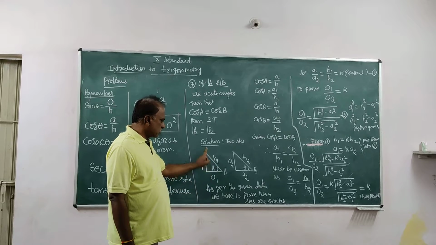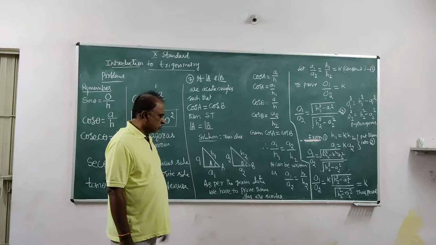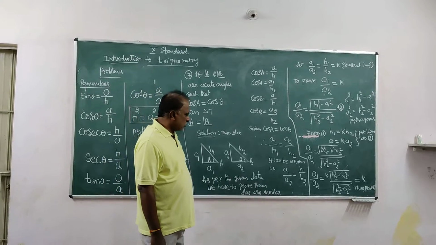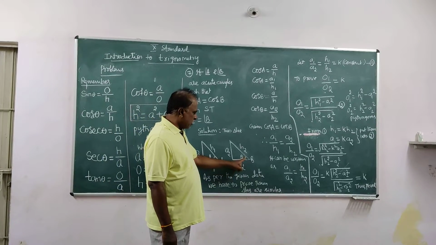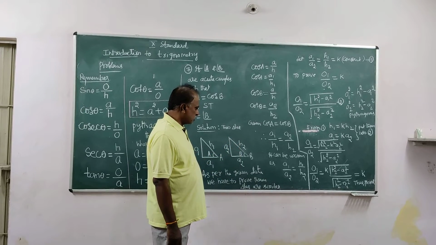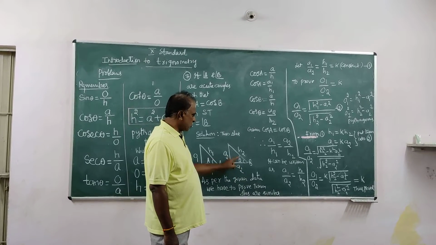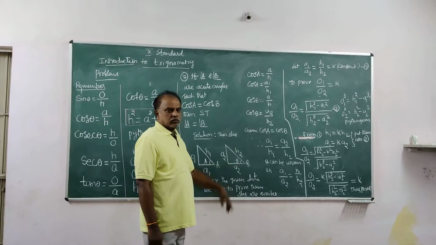Call this triangle 1: A1, O1, H1. In triangle 2, with respect to angle B, this is adjacent side, opposite side, hypotenuse. For the second triangle, A becomes A2, O becomes O2, H becomes H2.